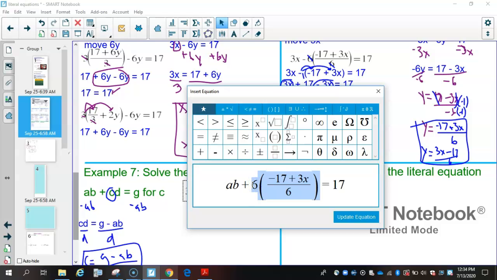So now we're going to have C, which equals, here we go, G minus AB all over D times D equals G.